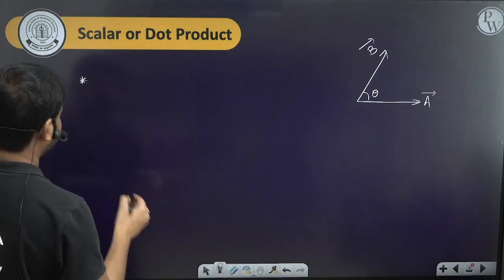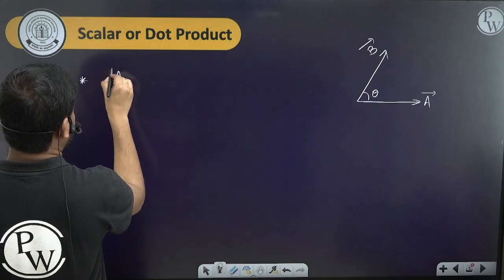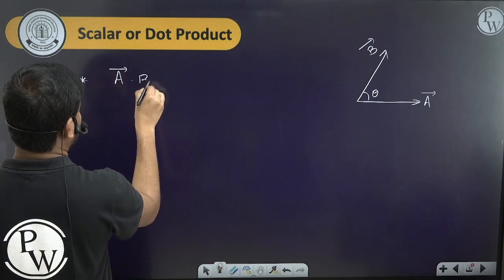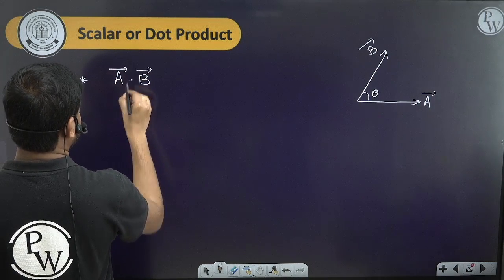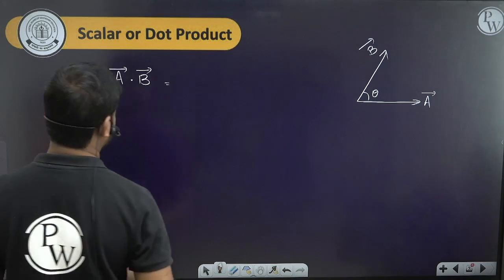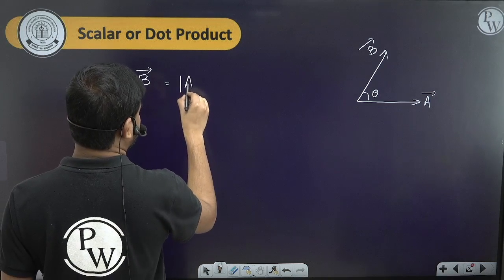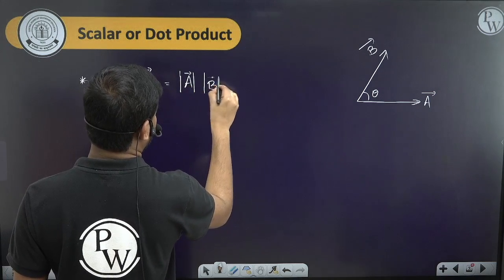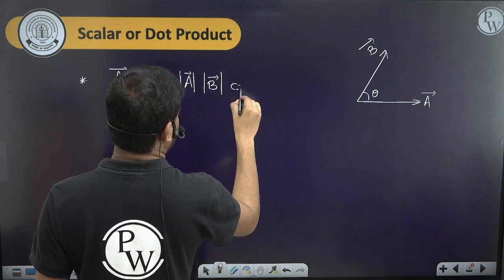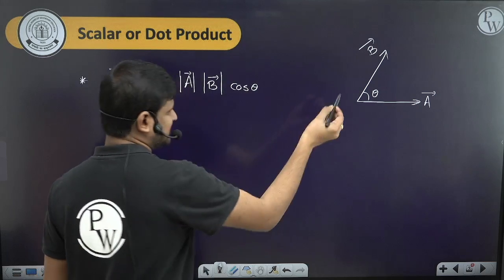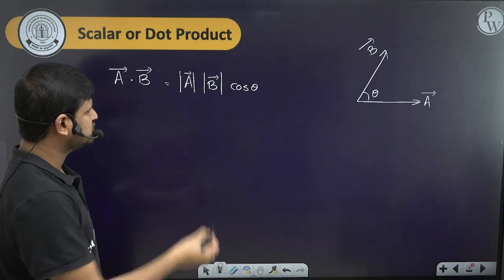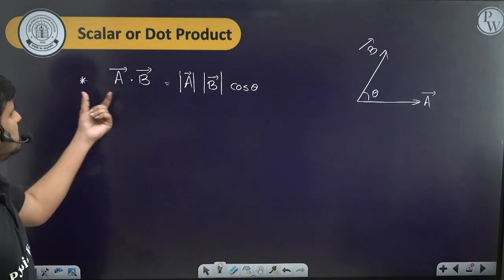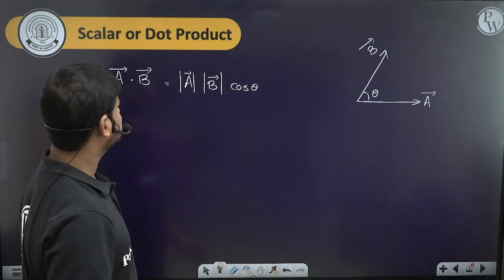Now the dot product is given as A dot B, vector A dot vector B, which equals the magnitude of vector A into the magnitude of vector B into the cosine of the angle between them. This is the formula for the dot product.